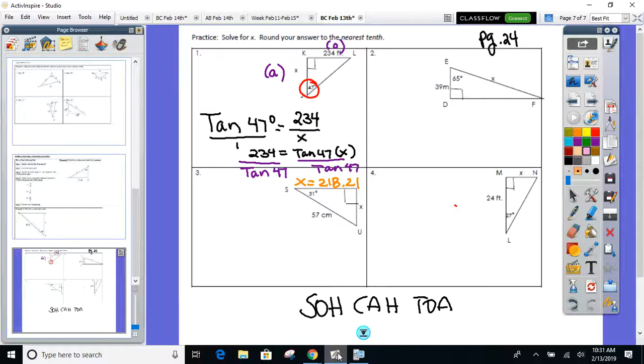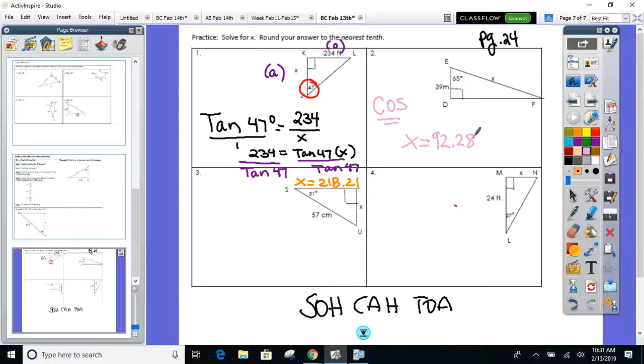Number 2, what function did you use? Sine, cosine, or tangent? Cosine. Everyone should have used cosine, yes? And x is equal to what here? 92.28.